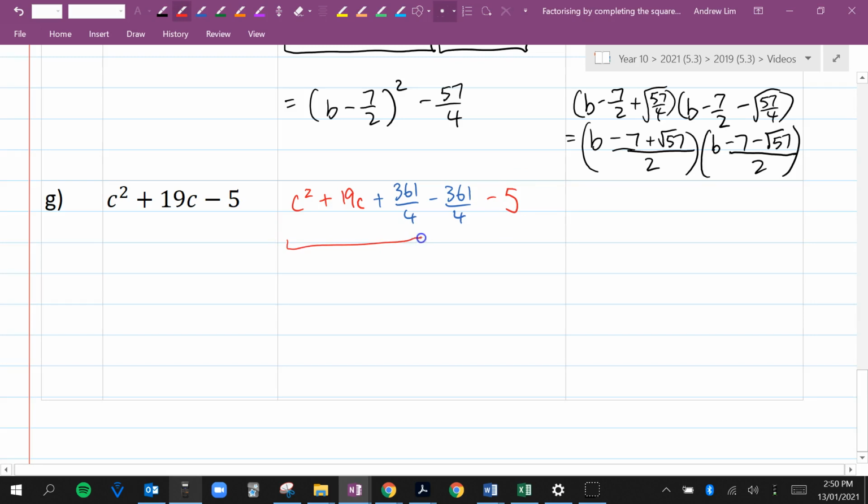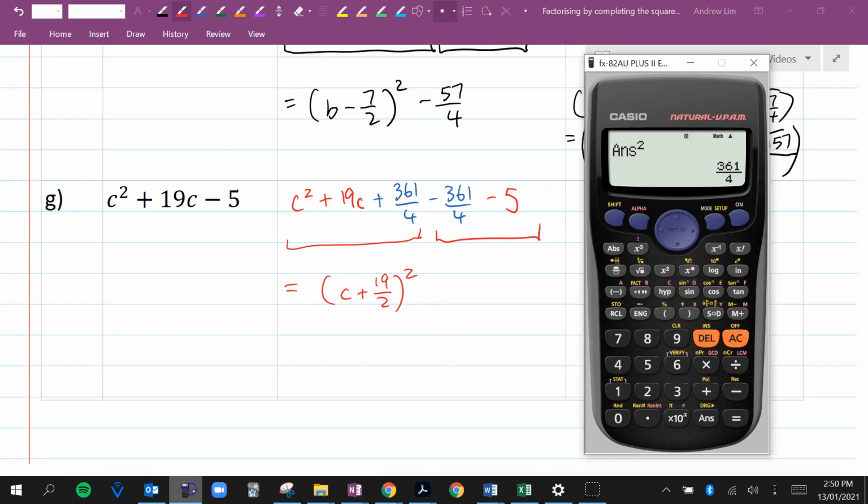Okay, so this is equal to c plus 19 on 2 squared, and this is equal to negative 381 on 4.